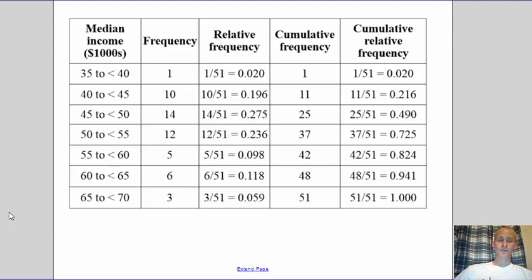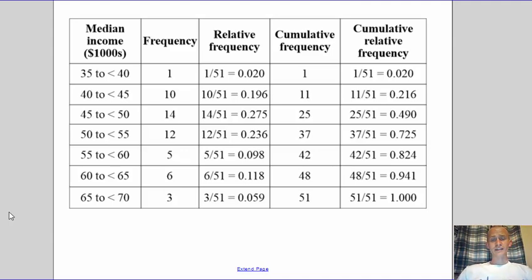So we have from $35,000 up to $40,000, but not including 40,000. There's only one state in that range. There are 10 states in that next bracket from 40 up to $45,000. From 45 up to 50, we have 14 states. From 50 to 55, we have 12 states.